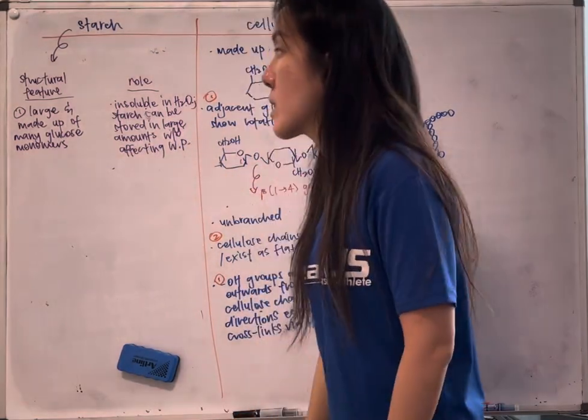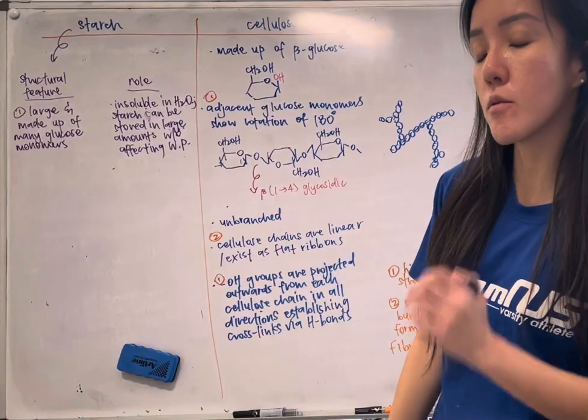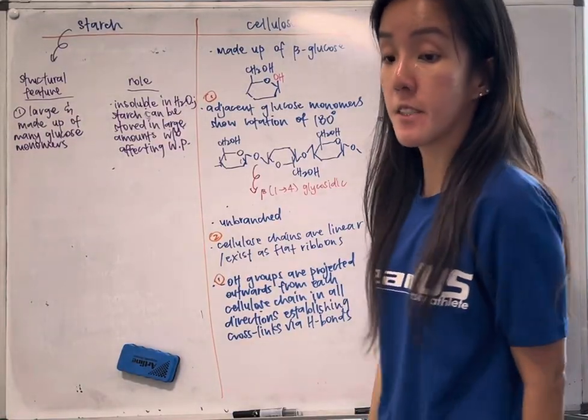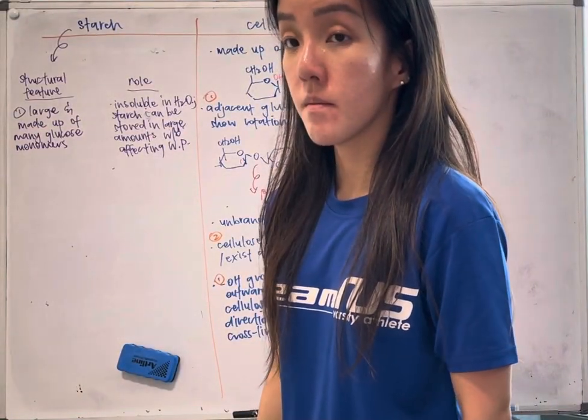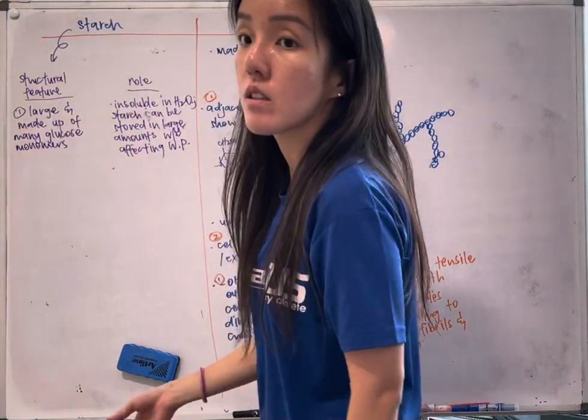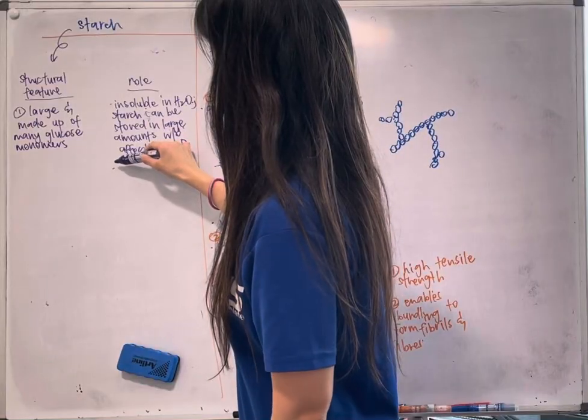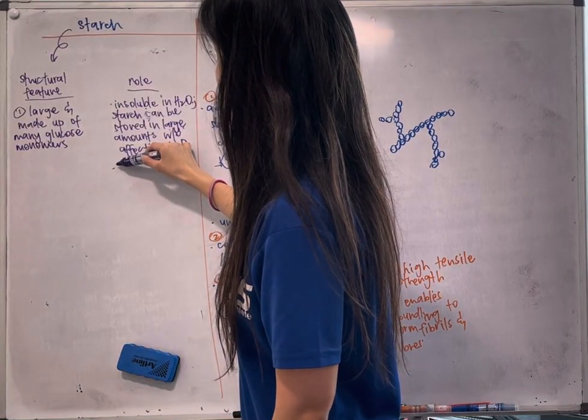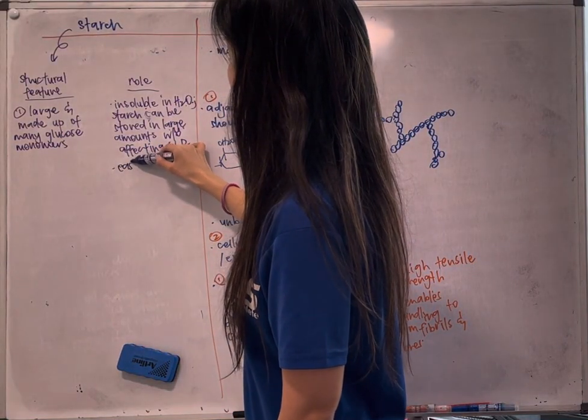Second feature, it must be made up of many glucose for a reason. Why is that so, Rishika? Think about this. Do you think it can be hydrolyzed to release many glucose? Okay, so again, it can be easily hydrolyzed to release many glucose.